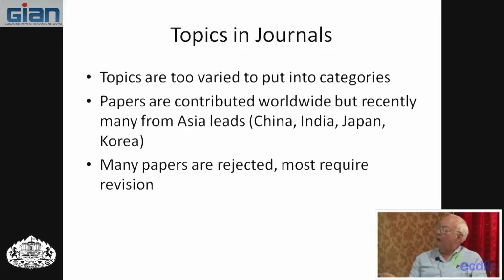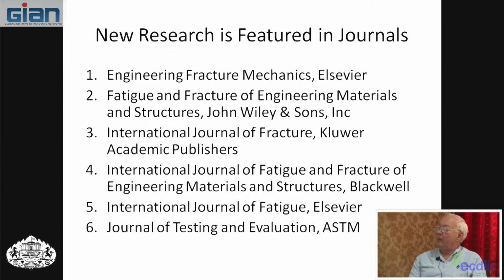Oh, I did write some things about it. Here is where most of the papers come from: Asia. If you want to publish in some of these journals, for example Engineering Fracture Mechanics, I think they said more than half the papers are rejected. So there's a high rejection factor.